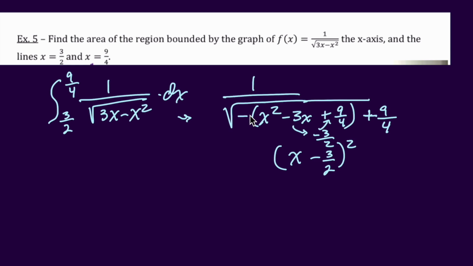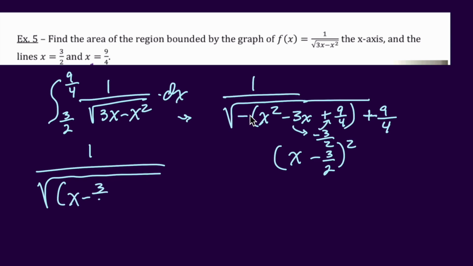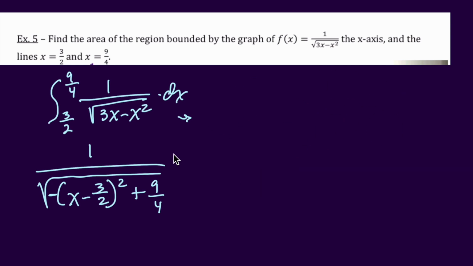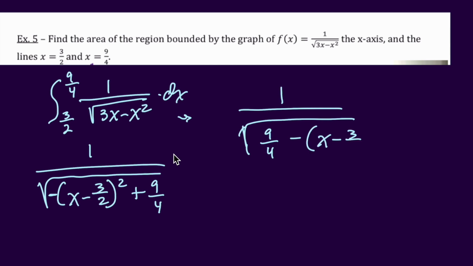So now we have 1 over the square root of x minus 3/2 squared plus 9/4 with a negative here. So we're going to rearrange these, and that's going to yield 1 over the square root of 9/4 minus x minus 3/2 squared.